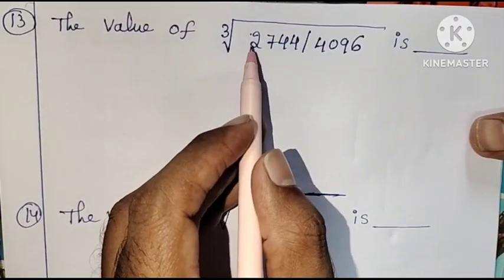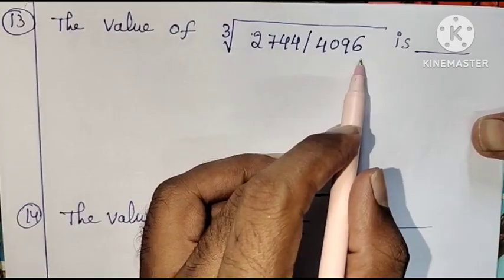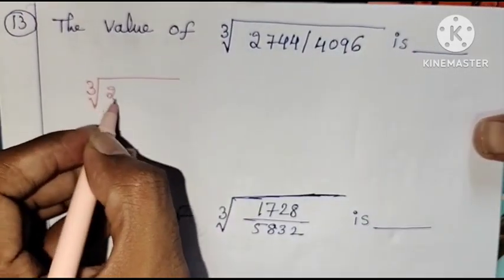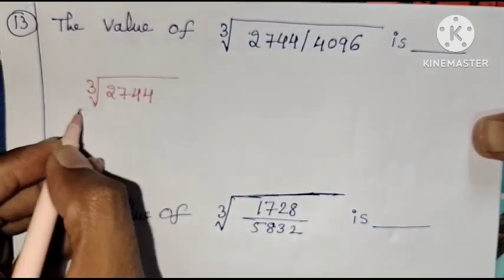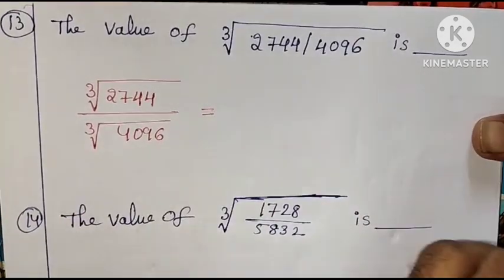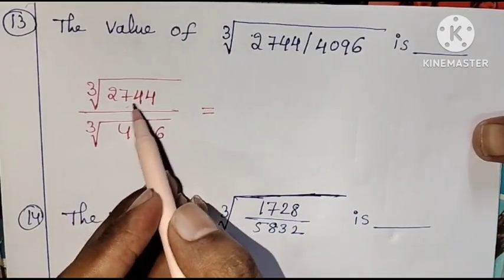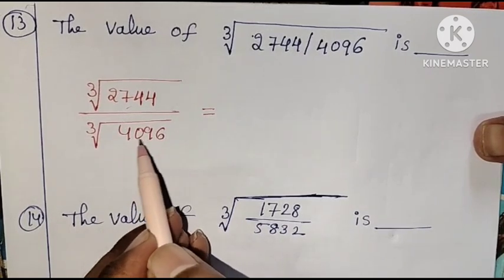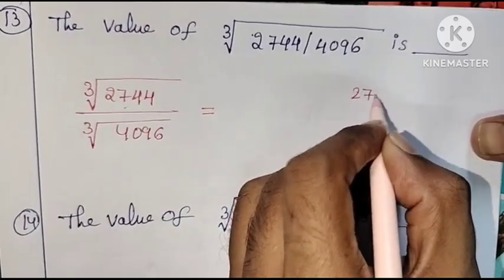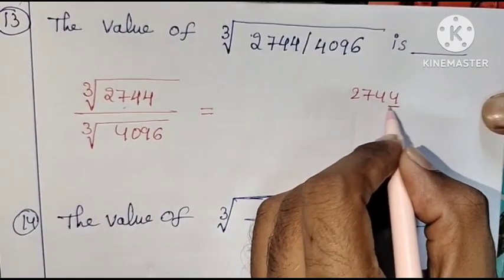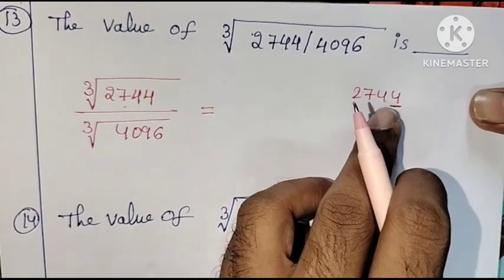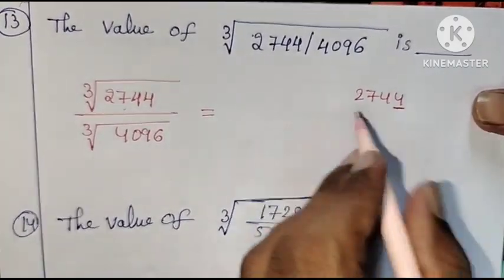The value of cube root of 2744 by 4096. So cube root of 2744 divided by cube root of 4096. Okay. So let us find the cube root of 2744 and the cube root of 4096. If you consider 2744, first of all we have to make groups of 3 digits from the right side.